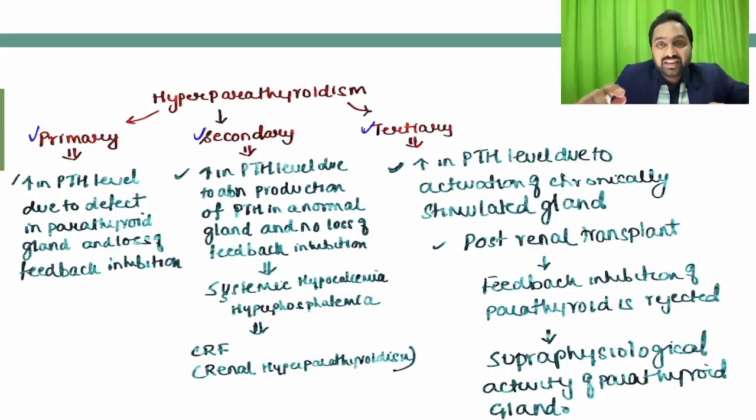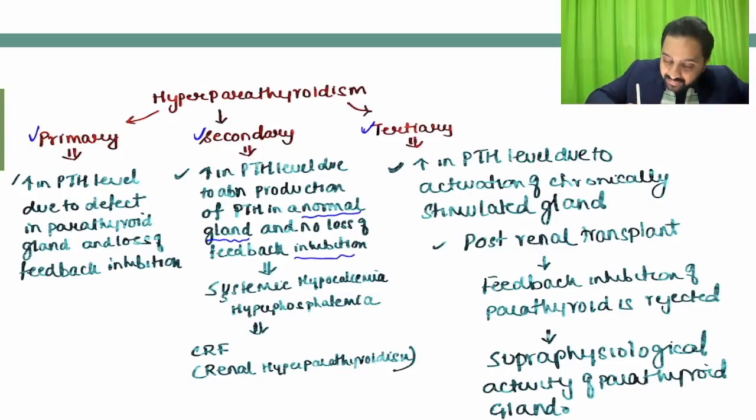In case of secondary, there is increase in the PTH due to the abnormal production of PTH in a normal gland. The catch over here is that the parathyroid gland is normal and there is no loss of feedback inhibition.